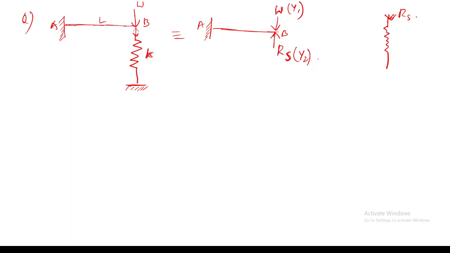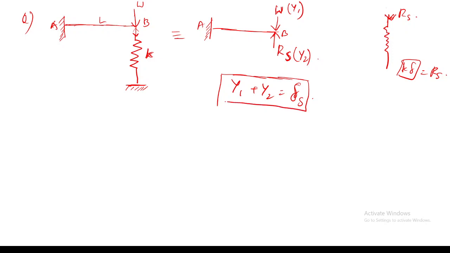K delta? It will not be k delta, because I have not equated the forces. This combined deflection, y1 plus y2, is equal to delta of spring. K delta signifies the force term, the spring force, which is nothing but RS. Yes, sir. So this is the compatibility equation which you are going to work on.